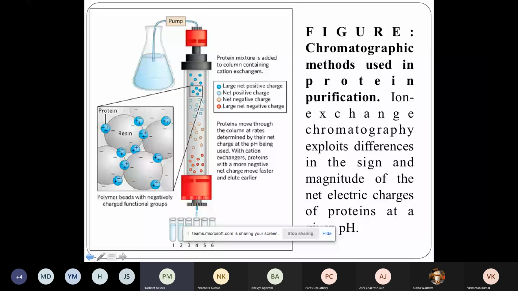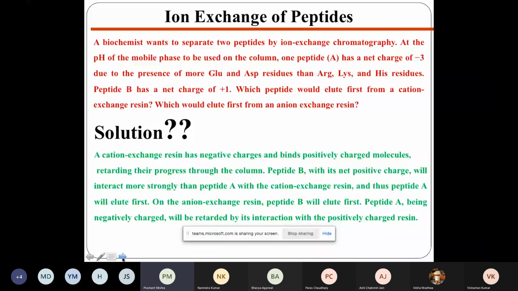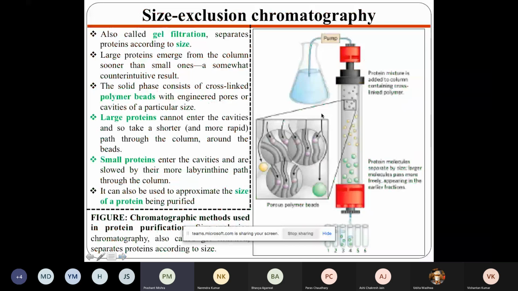But on the other hand, you have also learned that we can have a resin which has pores, and because of the pores, proteins of small size can enter inside the pores, and they are eluted from the column at a later stage compared to the bigger proteins with a bigger molecular mass, which reside outside these beads. So this part we have already covered.